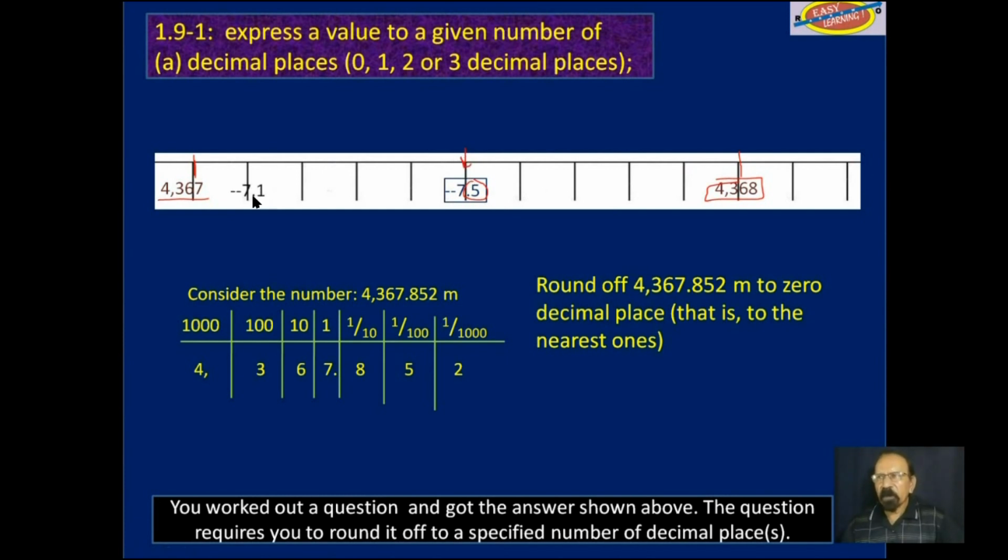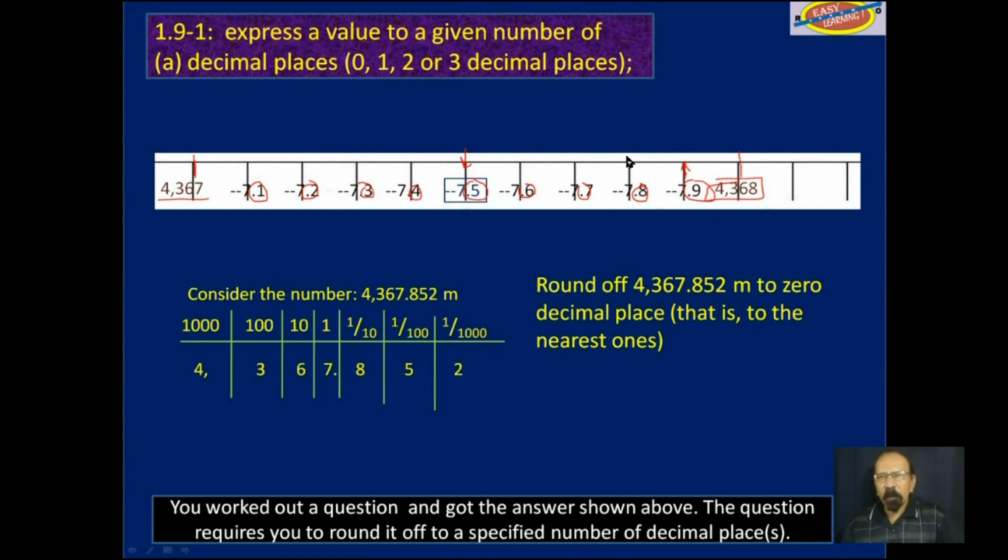We can put 4,367.1 here, 0.2 here, 0.3, 0.4 at these lines, 0.6, 0.7, 0.8, and then 0.9, that is these marks here.